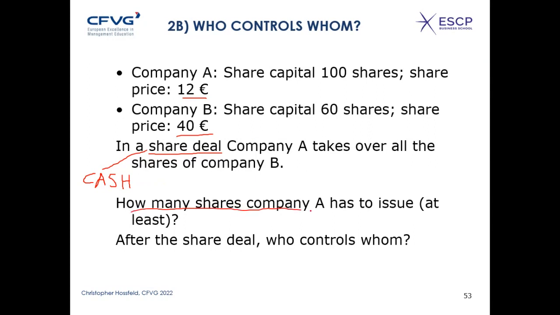Therefore the question: how many shares does company A have to issue? Any ideas on that? Can you calculate this?